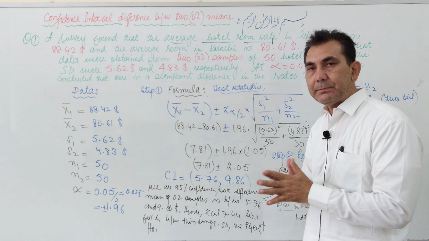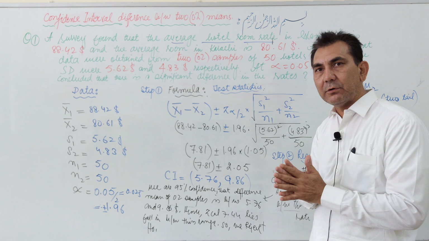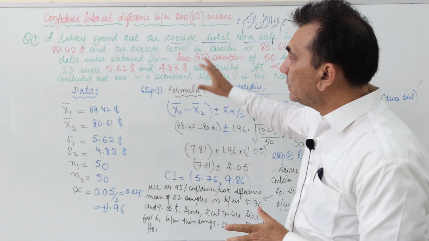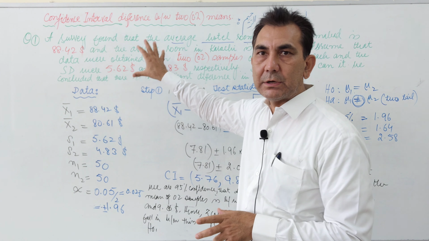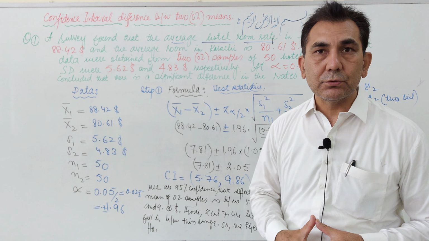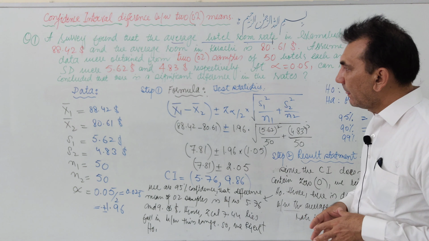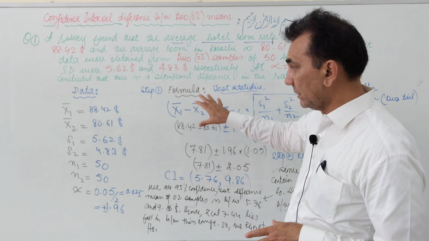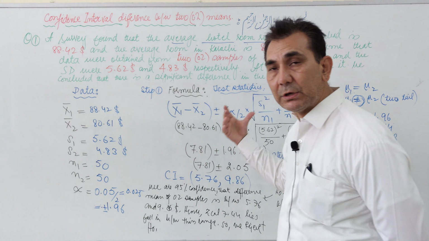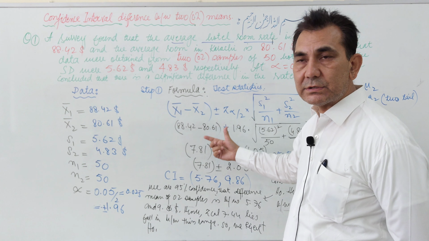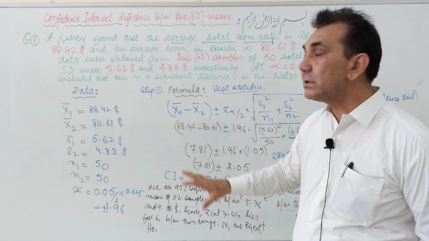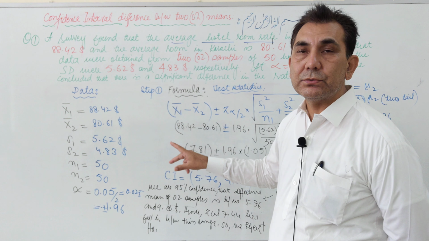To clear the concept of measuring the confidence interval of two sample means, we used the same example or question which we used yesterday to measure the difference between the two sample means. For the formula to measure the confidence interval, we use two steps. You can solve it in two steps or in three steps, but mostly in the books it is solved in two steps.